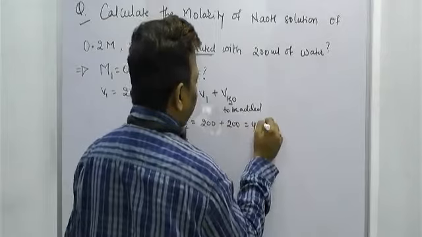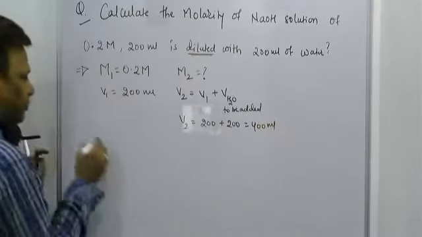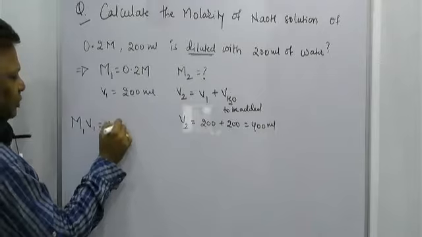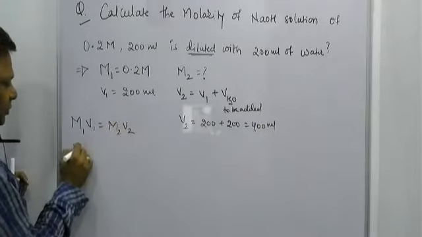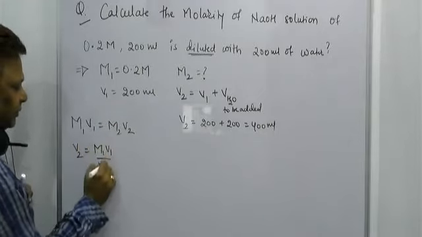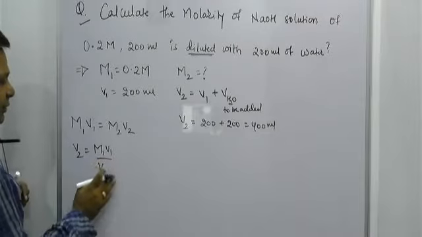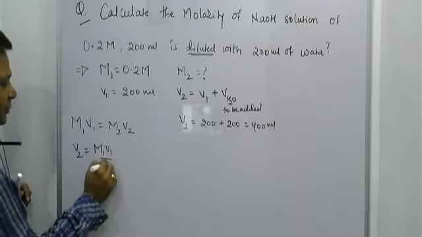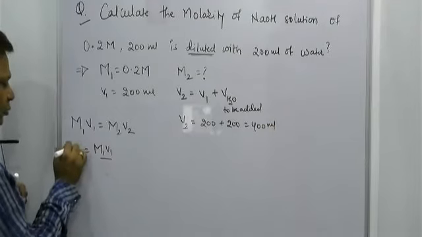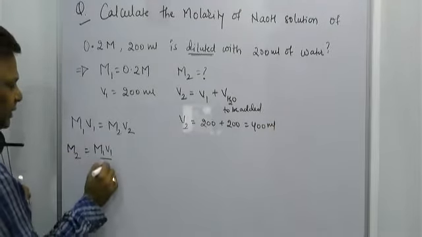Total it becomes 400. Our dilution law formula is M1V1 equals M2V2. But what you want is M2, so M2 equals M1V1 by V2.